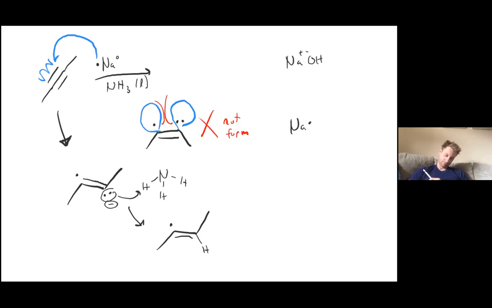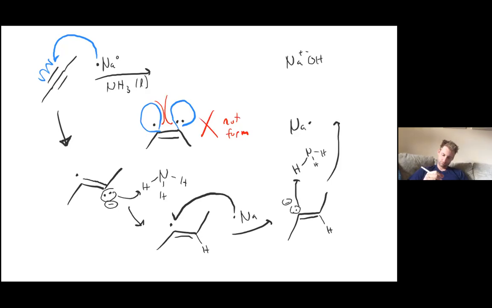So another sodium 0 can donate an electron to give us a negative charge here. We can pick up another proton from a different ammonia. And this is going to get us to a trans configuration.